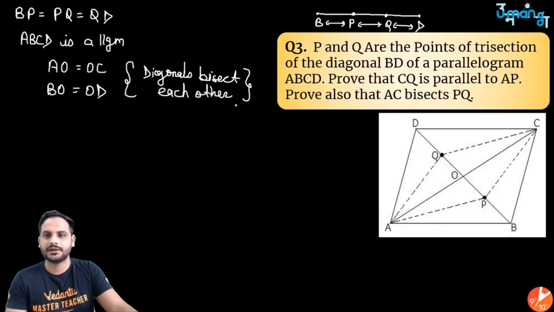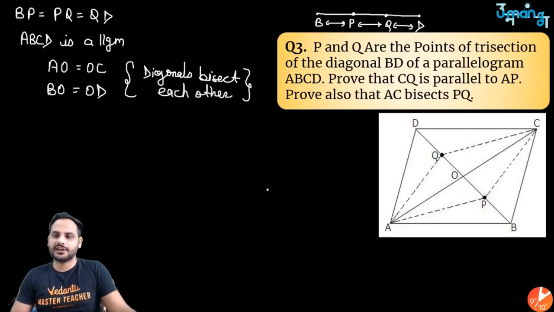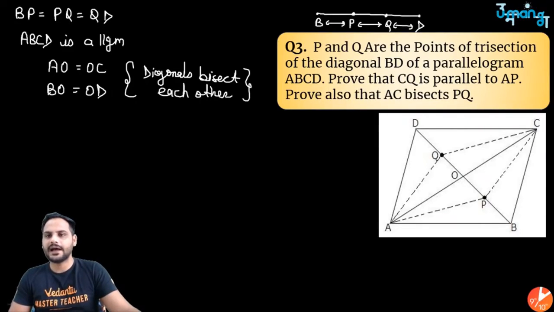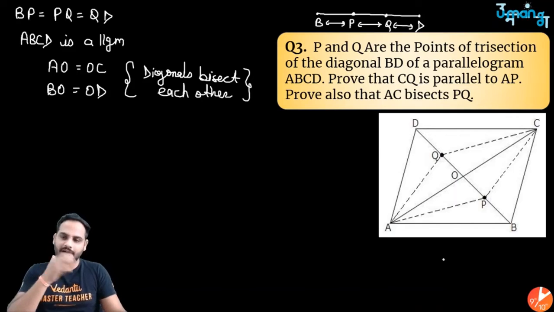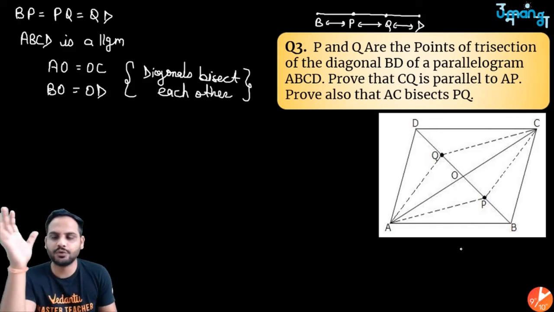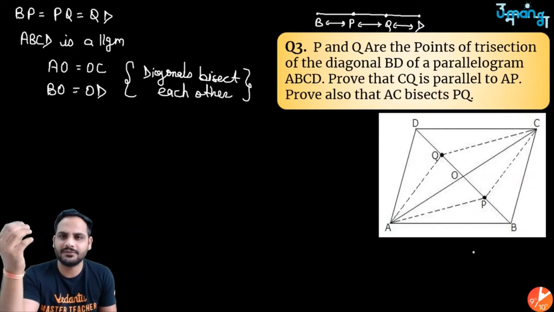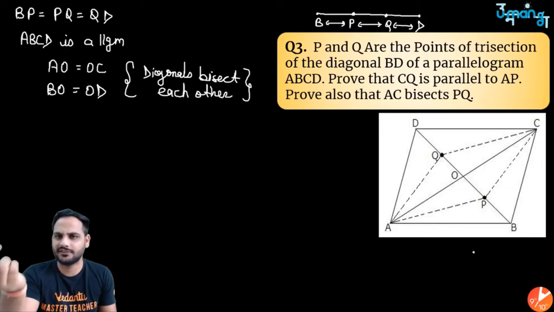Okay sir, correct. After that, what is the next thing I can say? कि sir, BP is equal to PQ is equal to QD is given. I have to prove that the CQ is parallel to AP. So to prove them parallel, most of the times we use the converse theorems of interior alternate or corresponding or exterior alternate, something like that.